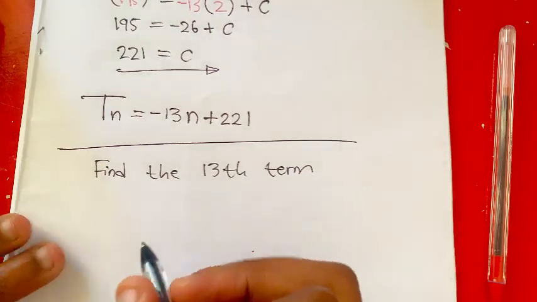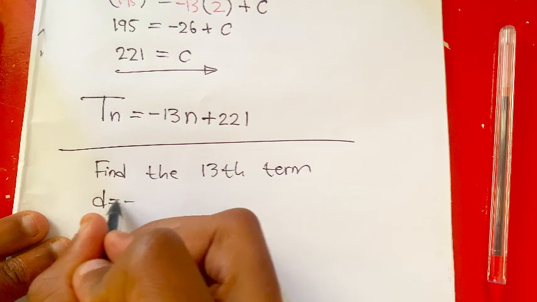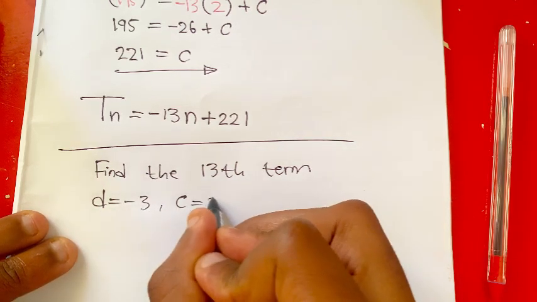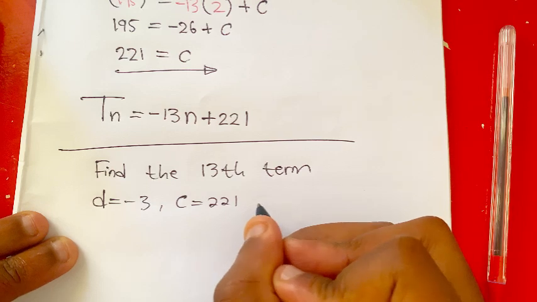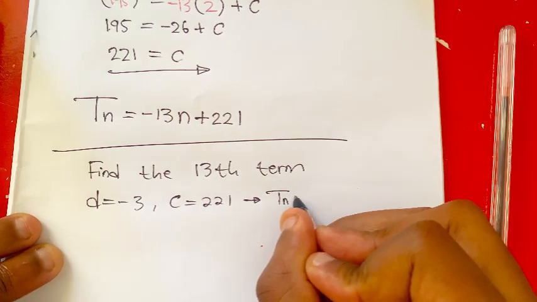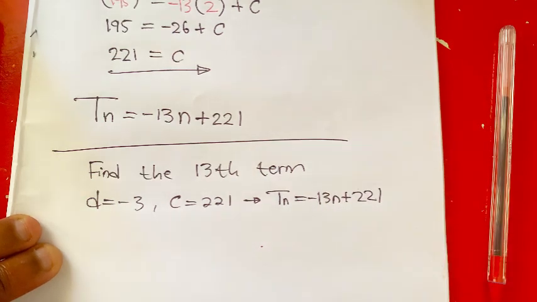So the easiest way is to say, okay, I know my d is negative 13. I know my c is 221. And this gave me Tn to be negative 13n plus 221.